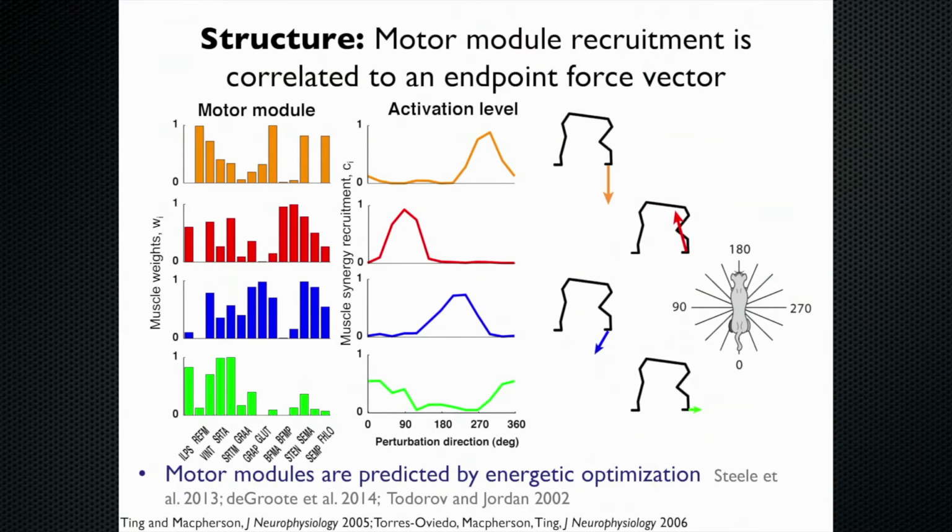And we can further decompose the biomechanical outputs, and that is the forces at the limb endpoint here. And so the activation level of this motor module is directly correlated to the production of a particular endpoint force. So this allows me to transform this idea of pushing, generating force in a particular direction, simply by activating this remembered pattern, and it can be flexibly combined.